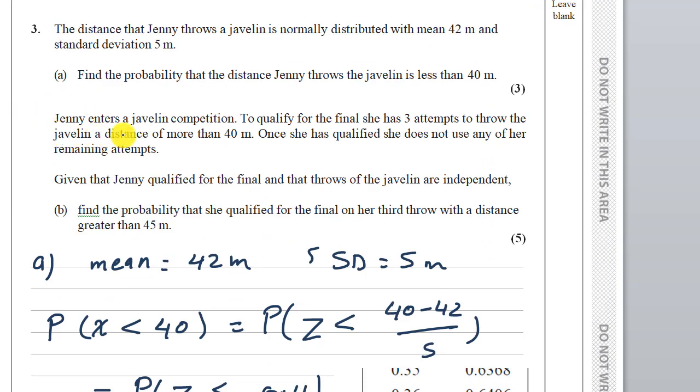Jenny enters a javelin competition. To qualify for the final, she has 3 attempts. So she needs to throw the javelin to a distance of more than 40. Once she has qualified, she does not use any of her remaining attempts.